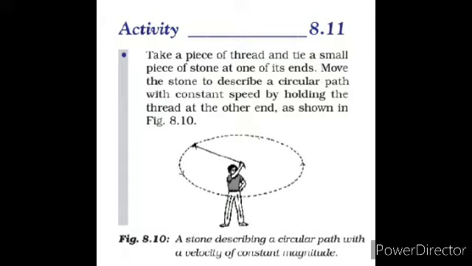What I mean to say is take a thread, tie a stone, and then keep on rotating. Move the stone to describe a circular path with constant speed by holding the thread at one end. You can see the picture which is given below. I guess there is no need of a picture also. You are smiling and you are able to connect with what I'm talking about.